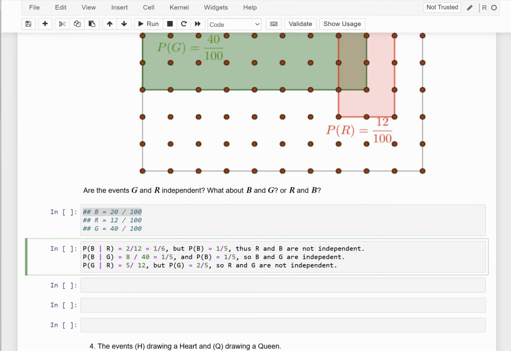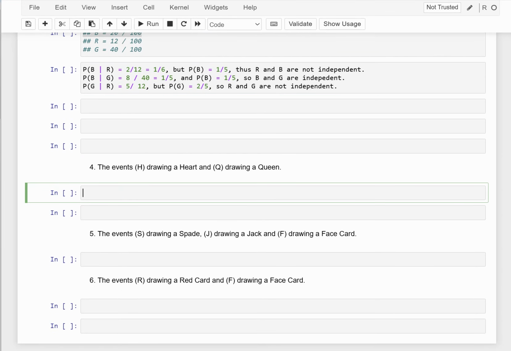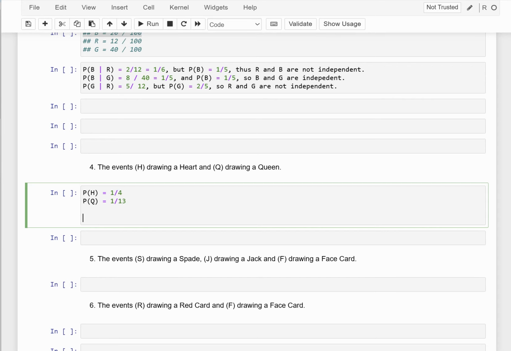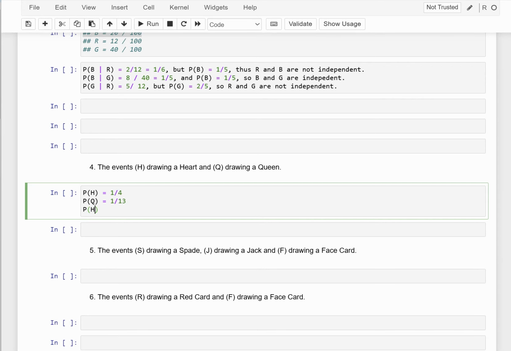So let's jump back in here for this example. The probability of a heart equals 1/4, and the probability of a queen equals 1/13th. And the probability of a heart intersect Q is equal to, actually, I should be doing the cardinalities.